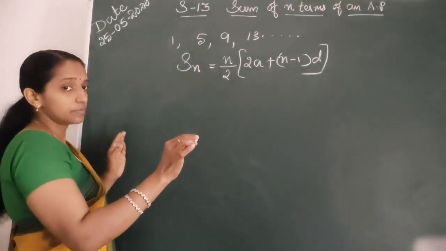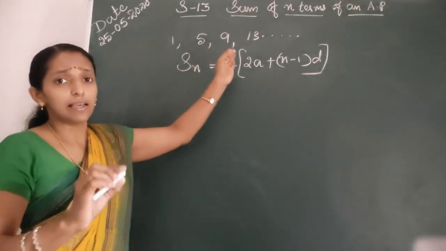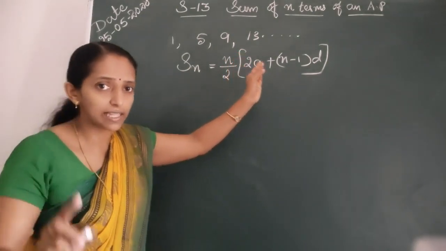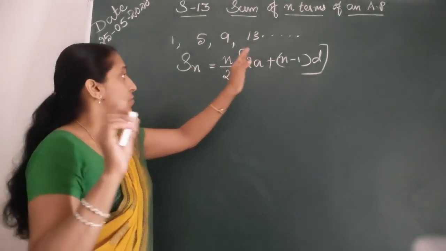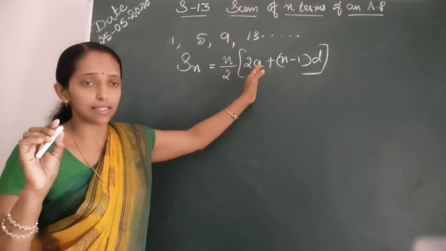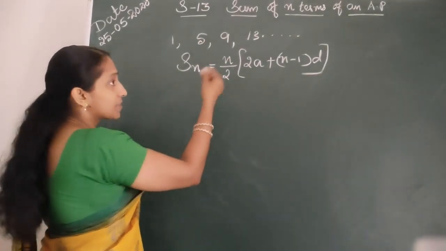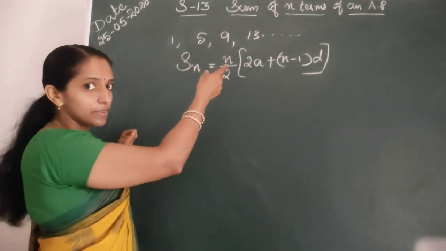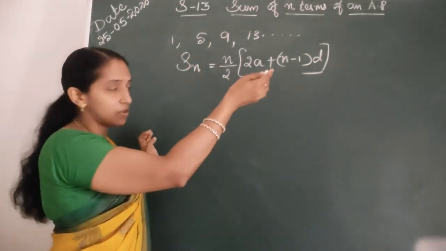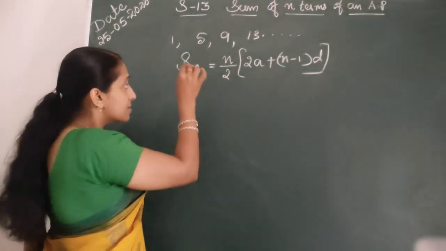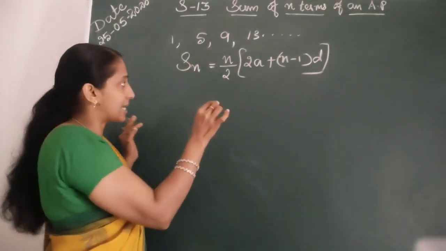Or suppose in the series the last term is given. You know what is last term? It was indicated by the letter L. So if the last term is given in the series, we were calculating L by another formula, L is an, and if an is given, you can calculate the sum by using the last term.